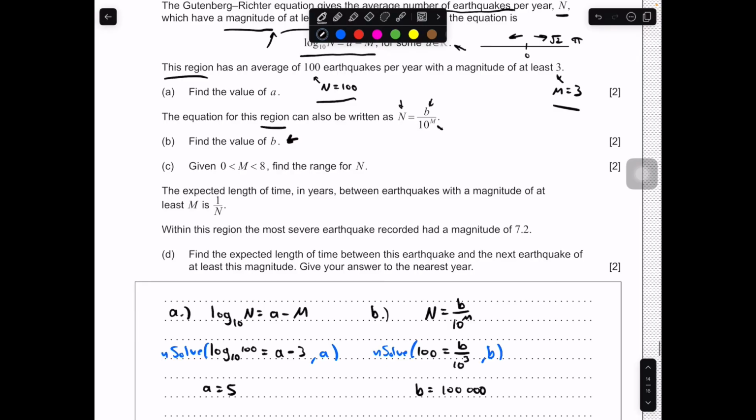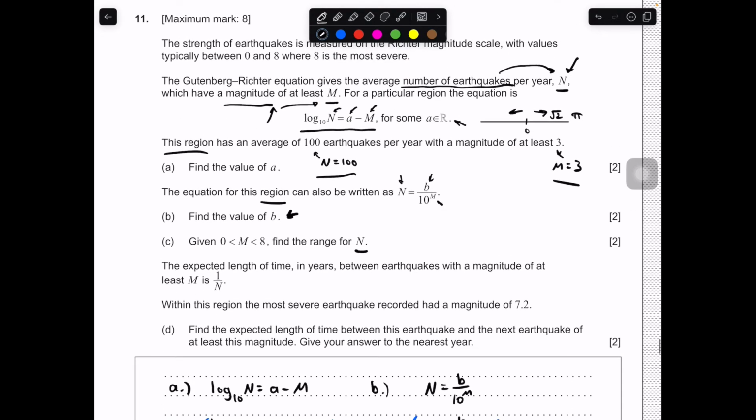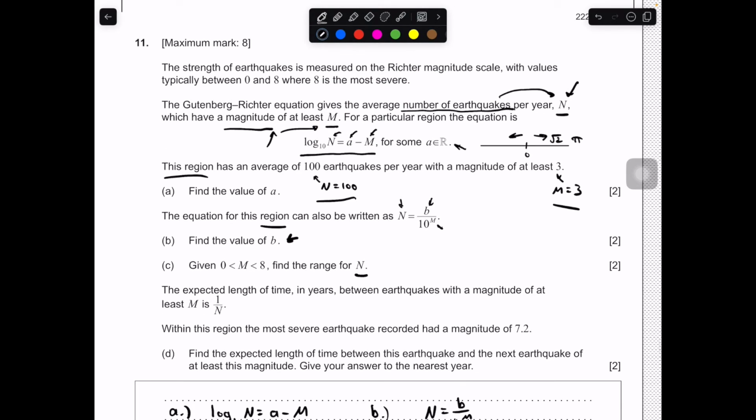Part C. Given that m is greater than 0 but less than 8, find the range of n. Alright, so this one requires a fair bit of interpretation, I think, and some context to try to see what is going on.